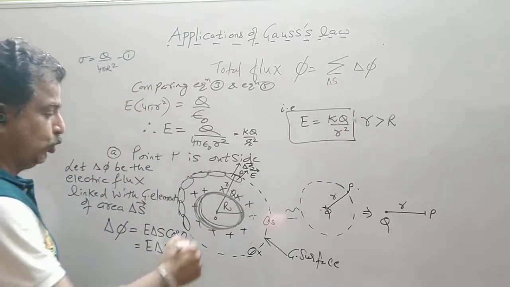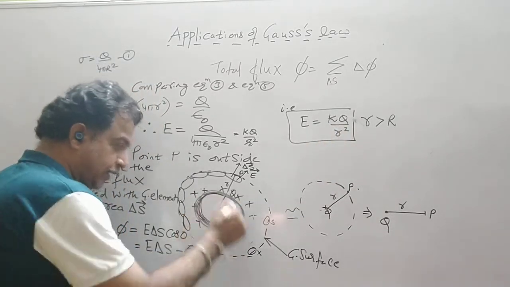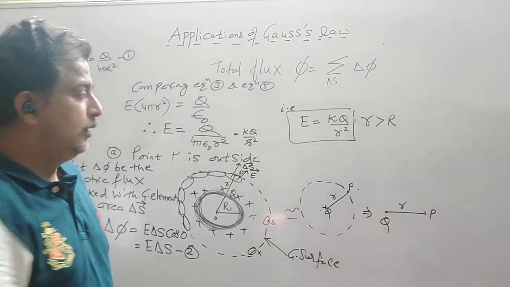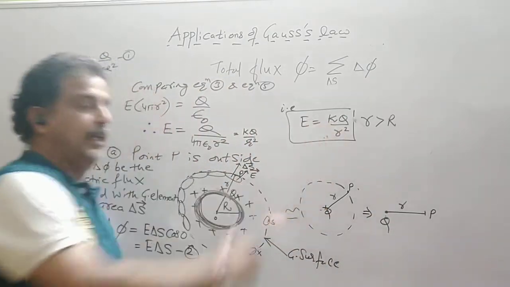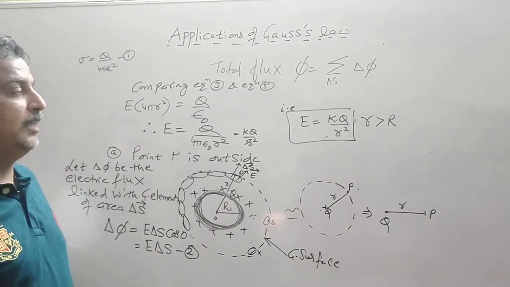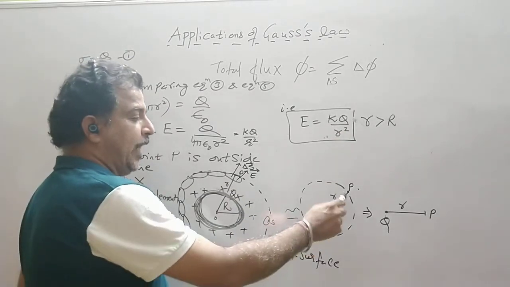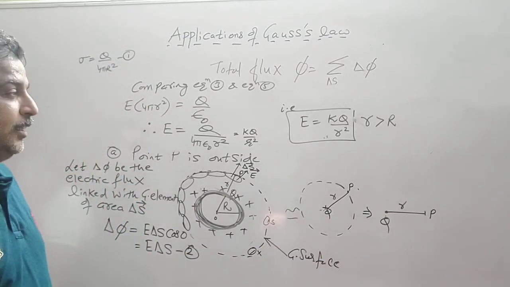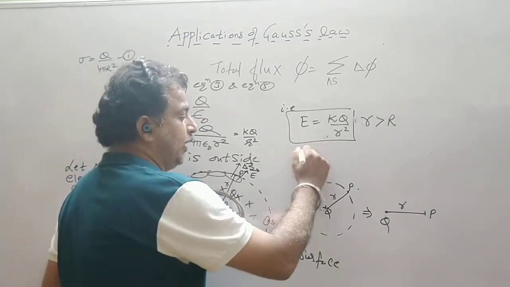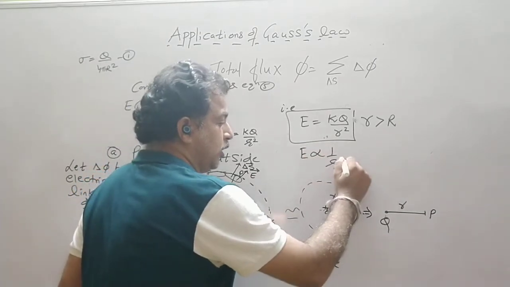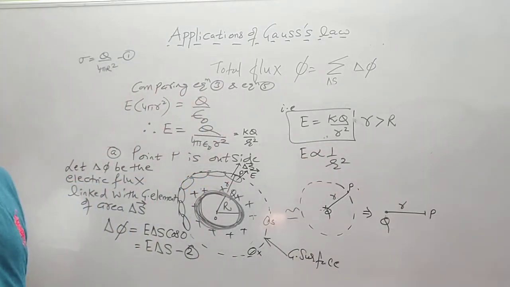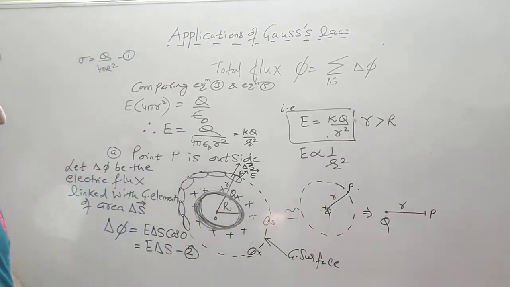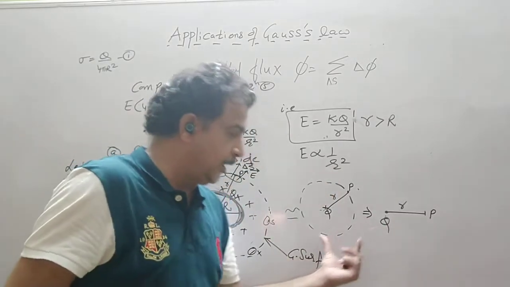So whether your source is a hollow sphere or a point charge, the answer comes out to be the same. The electric field intensity remains the same because the entire charge is assumed to be concentrated at its center, and therefore E is inversely proportional to the square of the distance of a point from the center. So these are the equivalent diagrams.